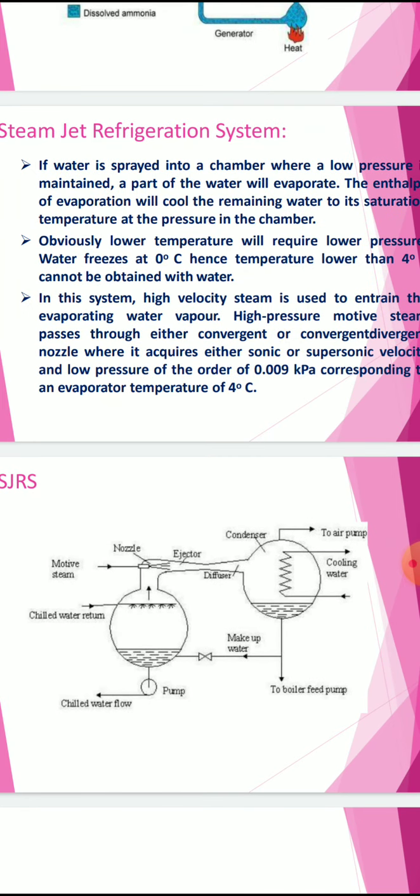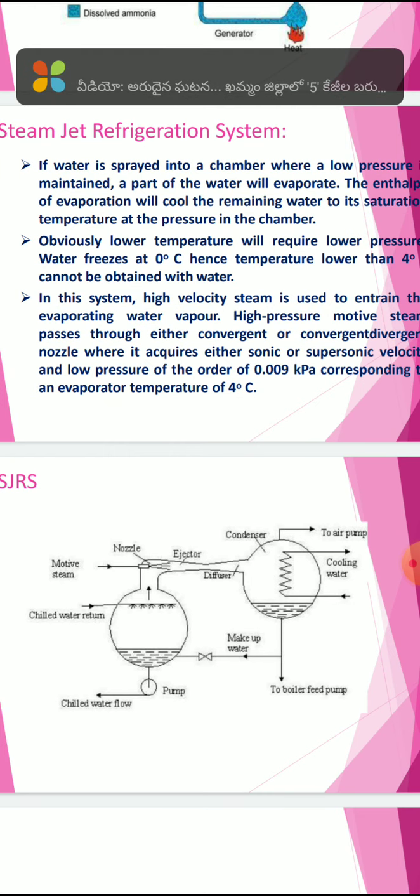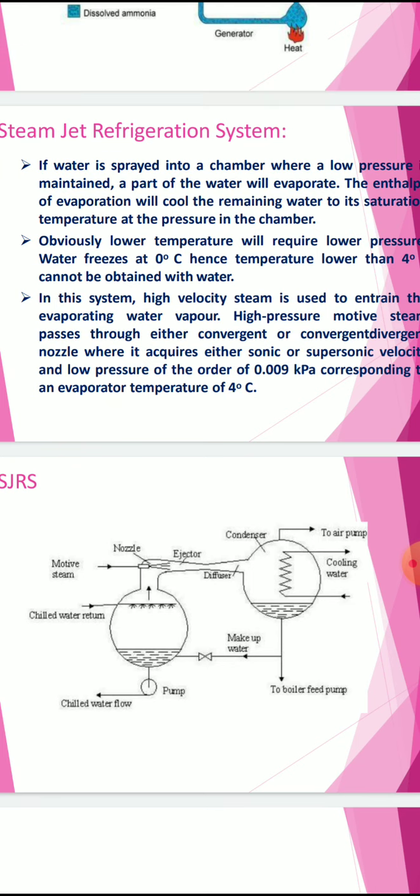It will create a high pressure in the diffuser, and because of that, to the left side of the ejector you will find low pressure. As a result the vapors move on, escaping upward, and at the condenser it enters into the boiler feed. Again it comes to the makeup water.